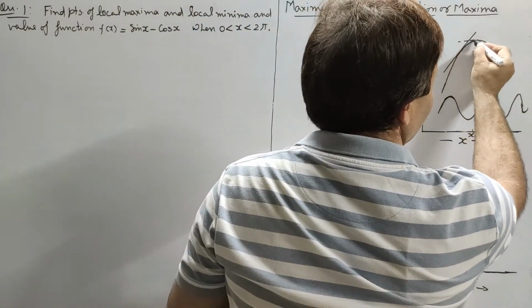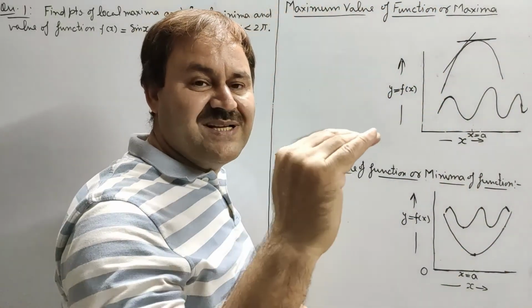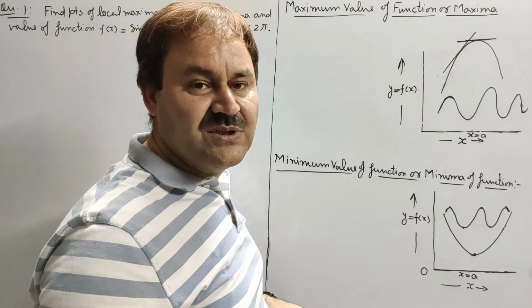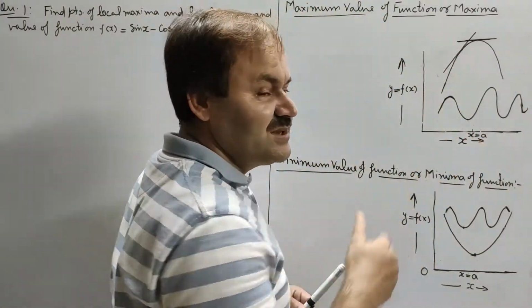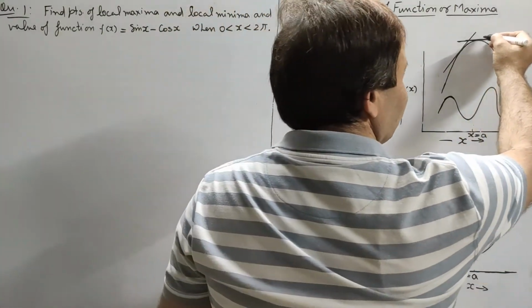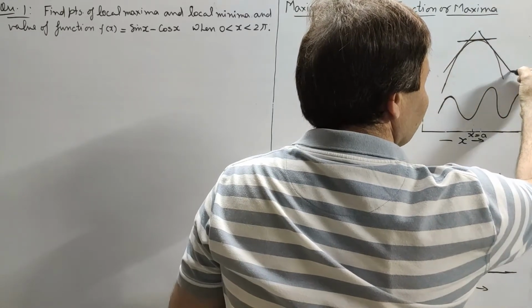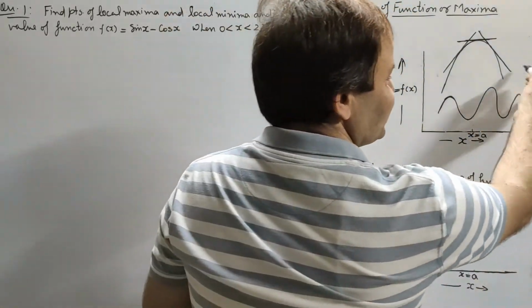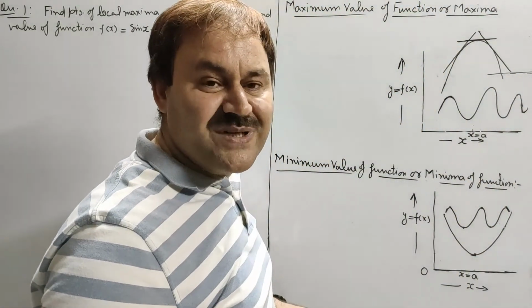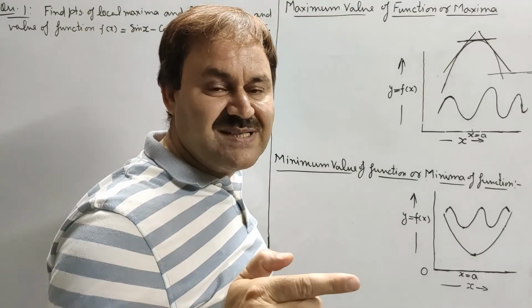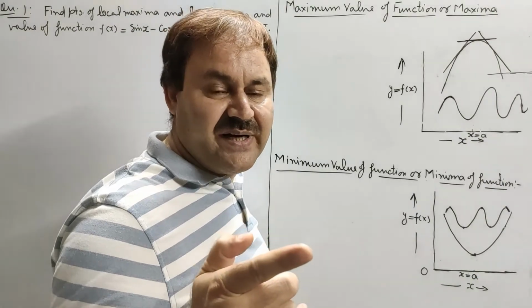Now at the point of maximum, the slope of the tangent to the curve will become 0, and if we cross the point of maxima, then again if we draw a tangent to the y versus x curve, this time the tangent will be making an obtuse angle with the positive x-axis. It means the slope of the tangent to the curve will become negative.